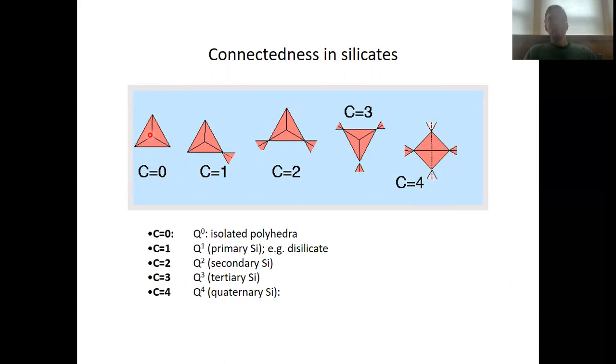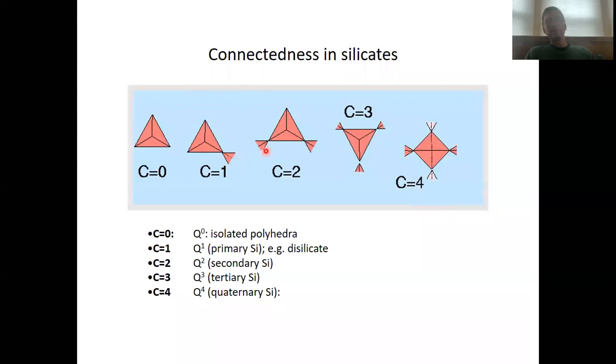When the connectedness is 1, then a particular tetrahedron is connected via a corner to one other tetrahedron, but no more than that.